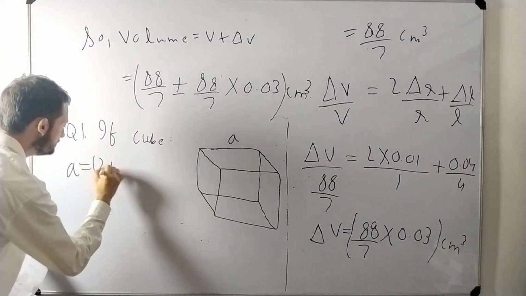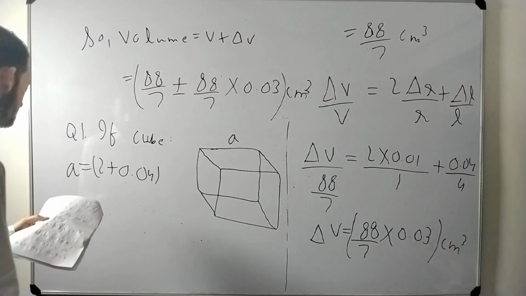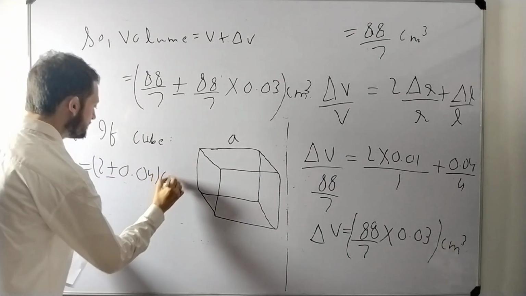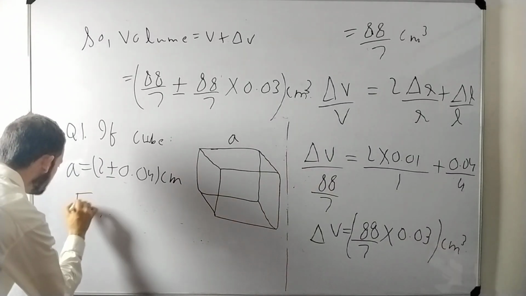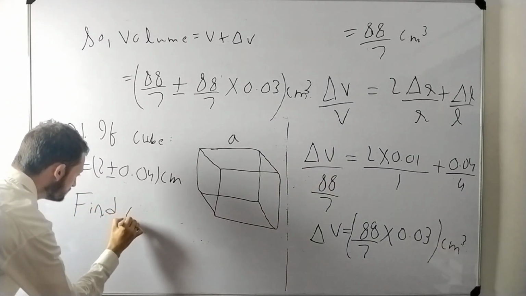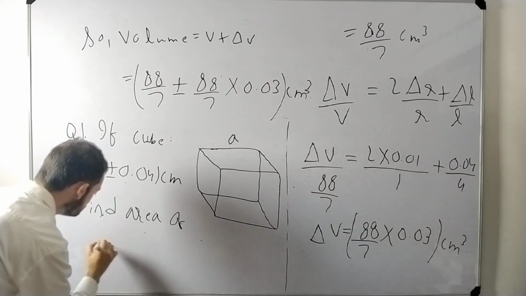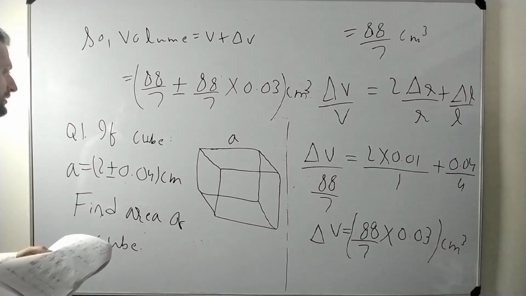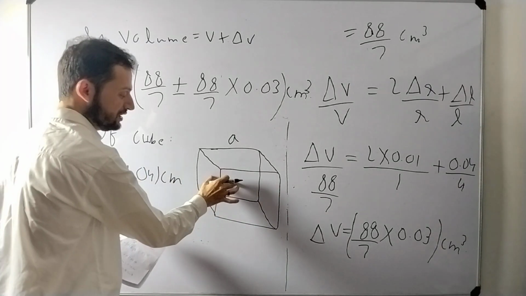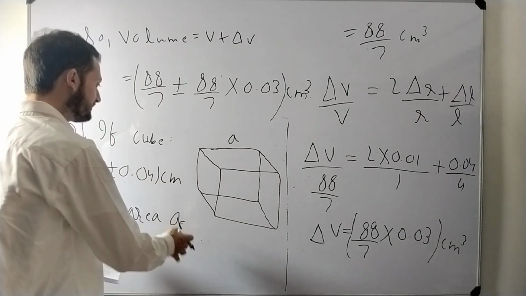A is 2.04. Yes, it is the right number now. Centimeter. Find area of cube. Find area of cube. Not the volume, students, this time. Not the volume. Area. Okay, you have to find the area of cube.